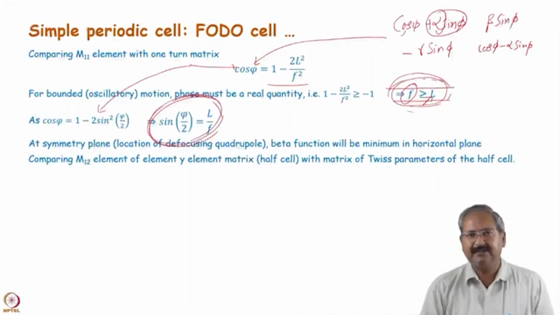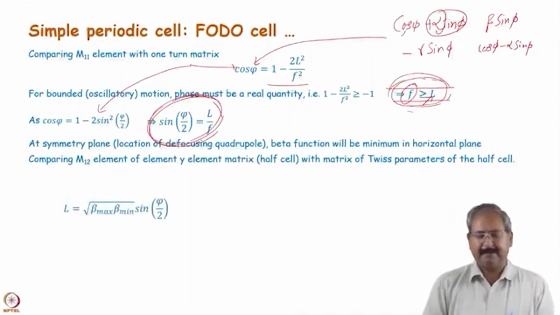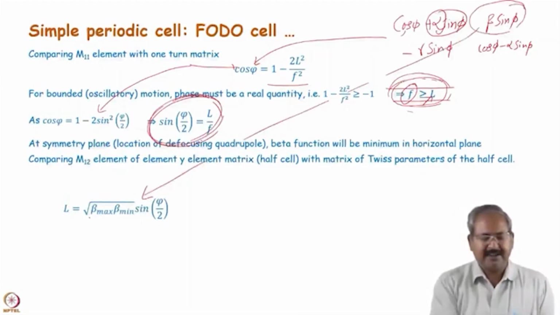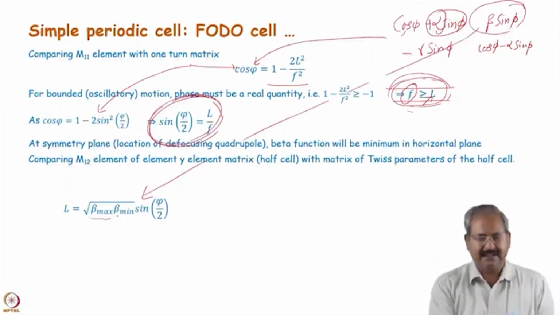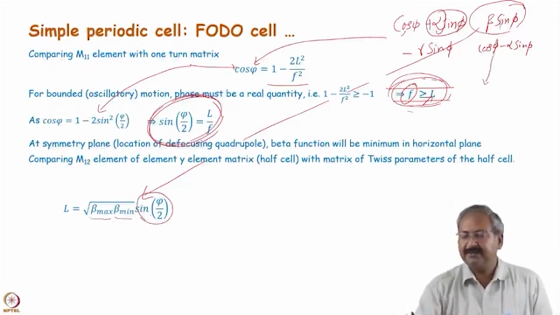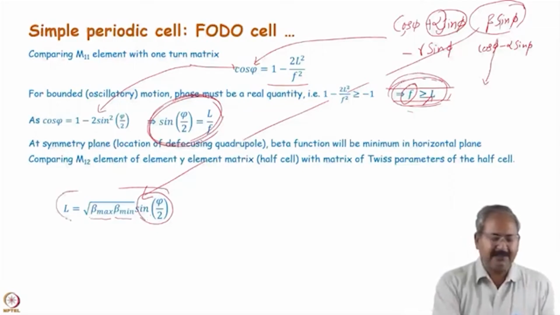We have obtained the value of beta max, now we will obtain the value of beta min. Because up to the half point, the starting point will have beta max, and at the symmetry point you will have beta min. So you take the square root of beta min and beta max, multiplied with sine phi by 2, because we have it either here at this location. Now the one-turn matrix will not be used here.